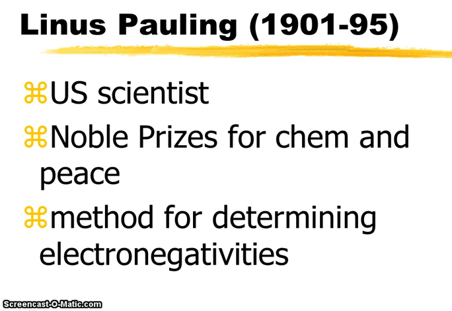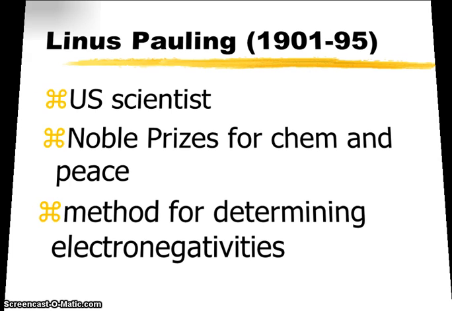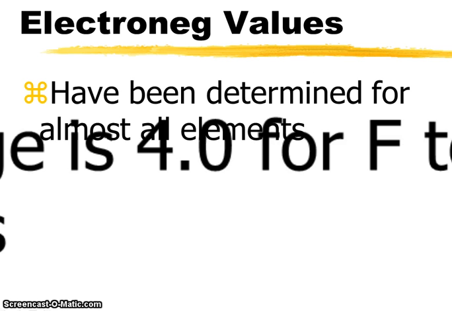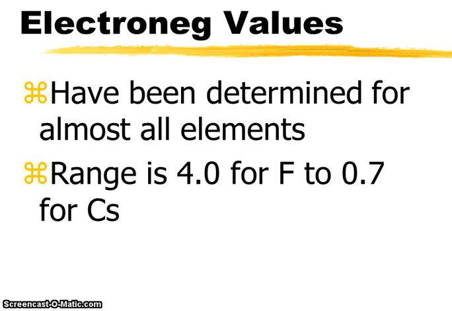And he developed a method for determining electronegativities. So electronegativities have been determined for almost all elements. And these values range from 4.0 for fluorine, having the highest electronegativity or the greatest attraction for electrons, and cesium with an electronegativity value of 0.7.